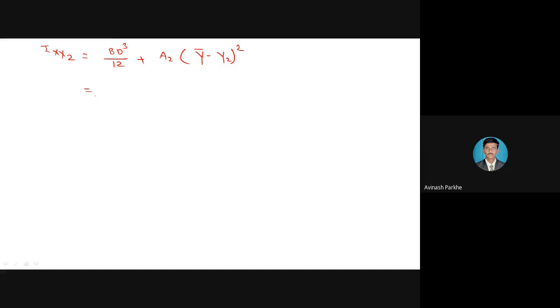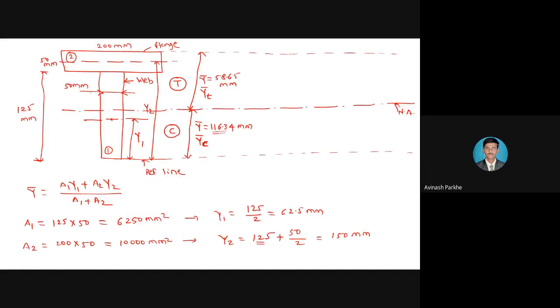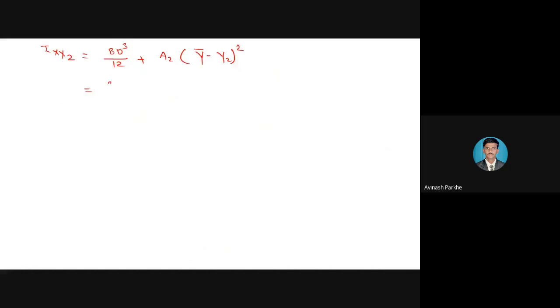So the value of B means the horizontal distance of section number 2, 200, into the vertical distance 50 cube divided by 12 plus area A2, 10,000, in bracket y bar once again 116.34 minus y2 distance 150, bracket square. Therefore, Ixx2 is equal to, find the value of Ixx2.